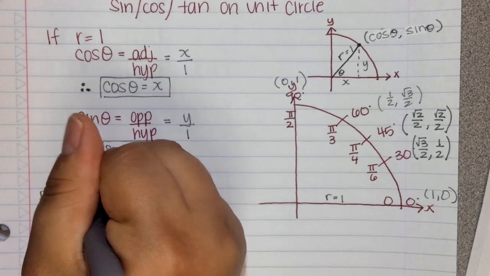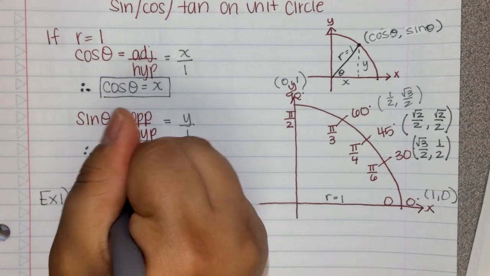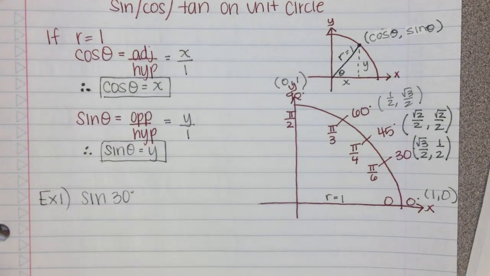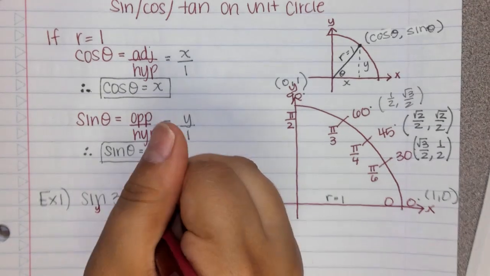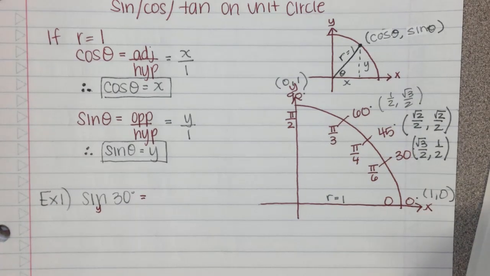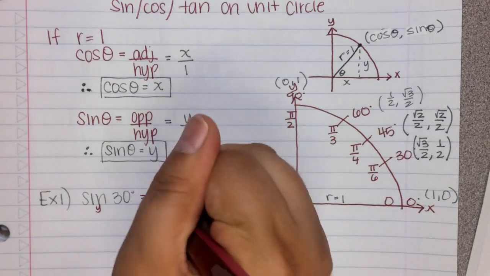Example 1. What is the sine of 30 degrees? What is this asking? Sine is what? What is your y at 30 degrees equal? What's the y coordinate of 30 degrees? 1/2. And that's it.